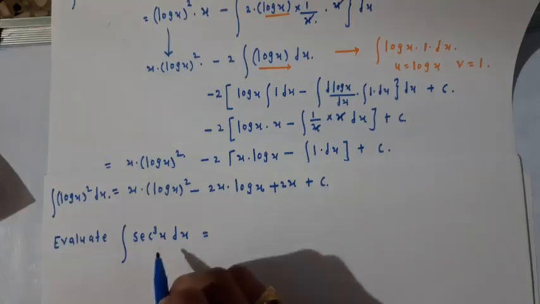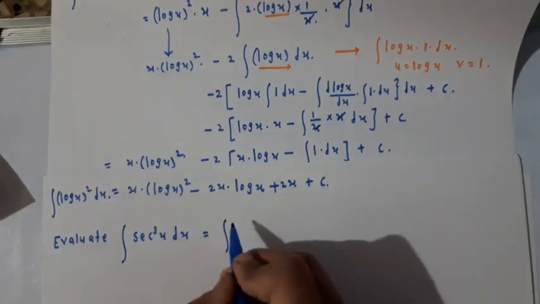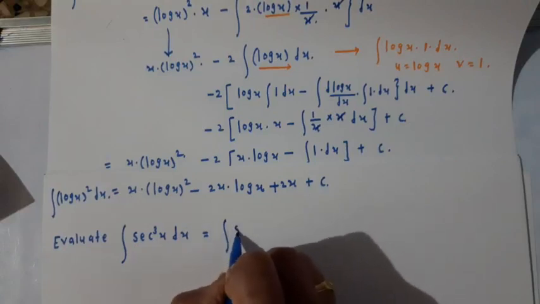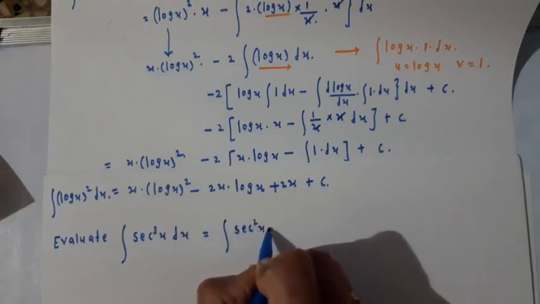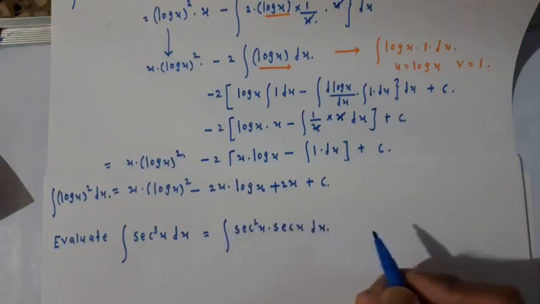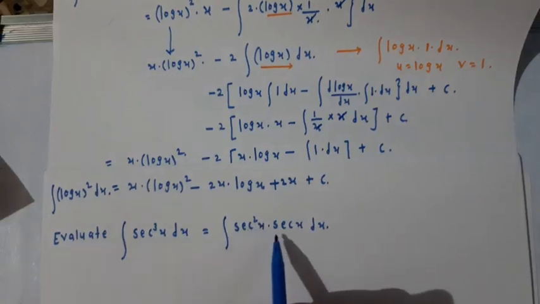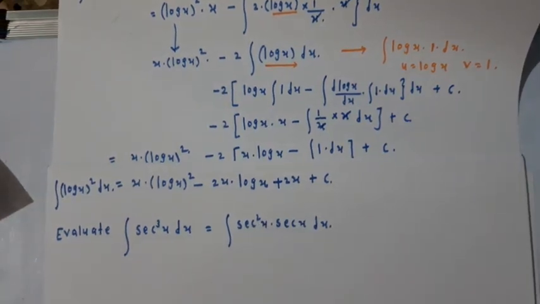And to solve this sec cube of x, we have to adjust the term. That is, here consider sec cube x as sec square x into sec x with respect to x. So students, this is sec square x and this is sec x. Both are trigonometric functions.